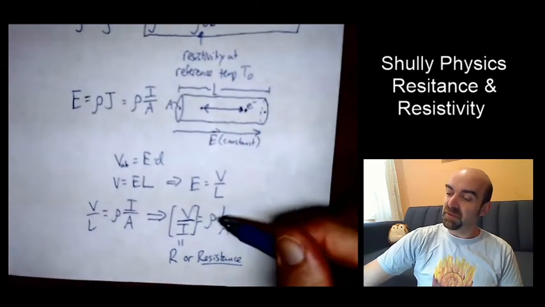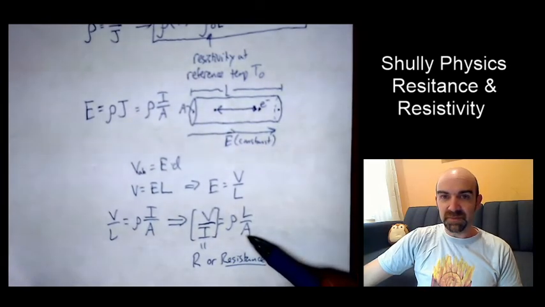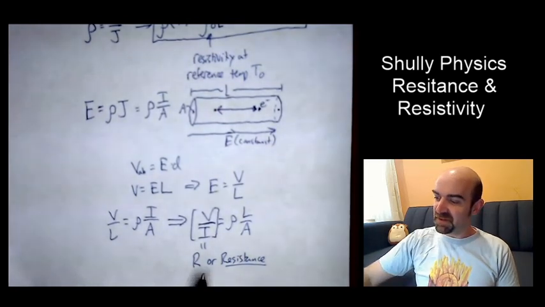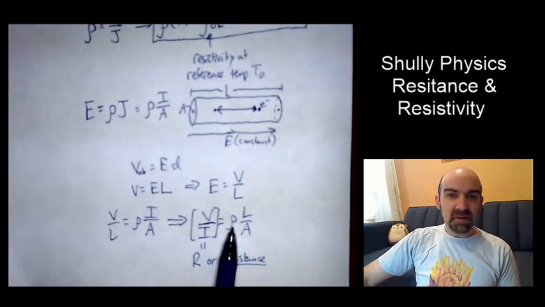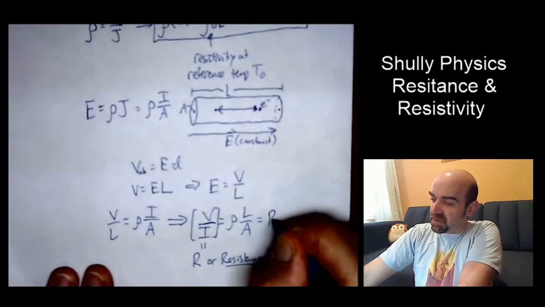It is dependent on the resistivity of the wire, the length, and the cross-sectional area. So our last piece here, since R is proportional to, I'll put that up here, so resistance.